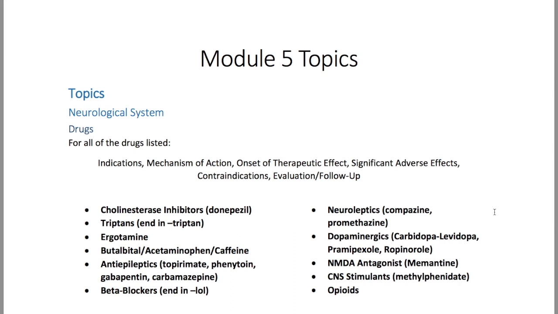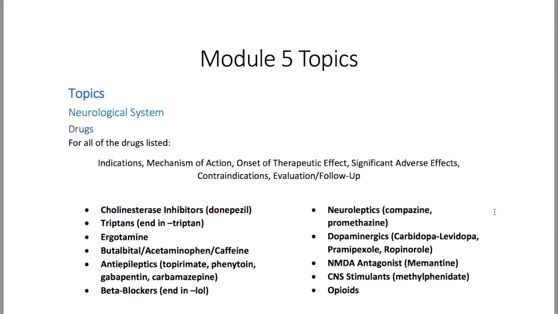And we talked a little bit about beta blockers in the cardiac section. These are beta blockers used specifically for neuro conditions. Really, we're just talking about how we use beta blockers in the preventative therapy of migraines. So again, that's what we're focusing on for this module.